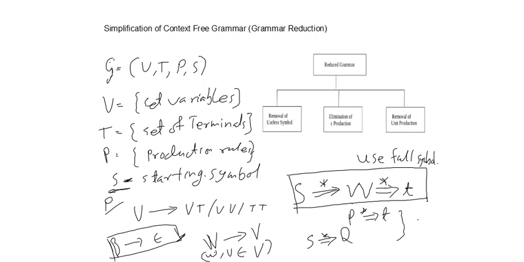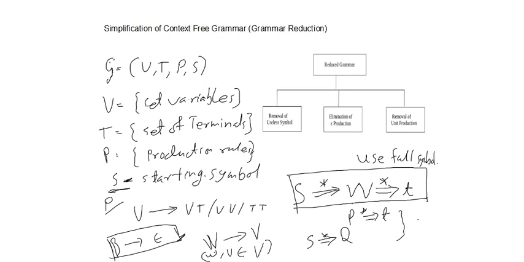Another one is elimination of epsilon production or null production. So we'll see what a null production is. Any production of a variable or non-terminal which is useful, but it produces a null character instead of normal terminal symbols.